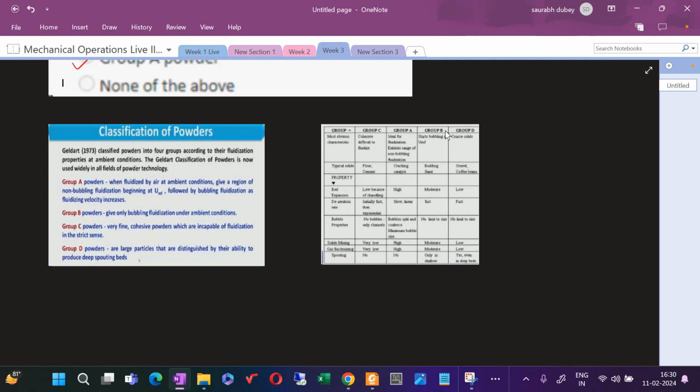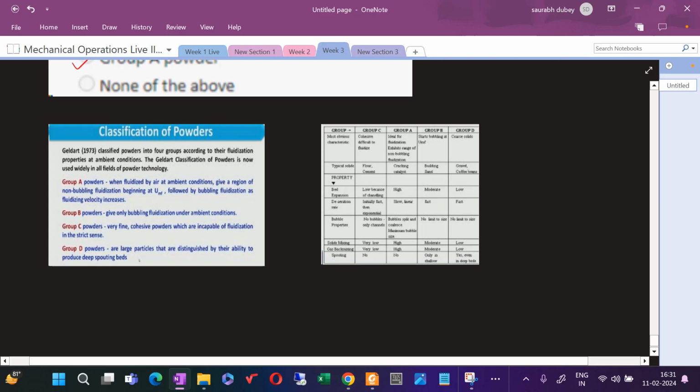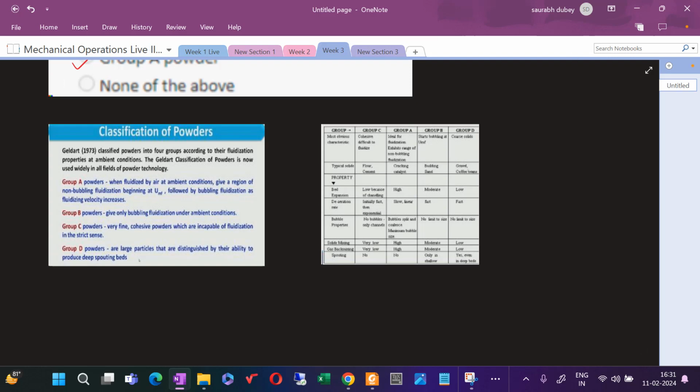And the last one is the category D powder, where large particles are distinguished by their ability to produce deep spouting beds. So that is another one. These spouting beds are often found if the bed is very deep. So that's all about this question.